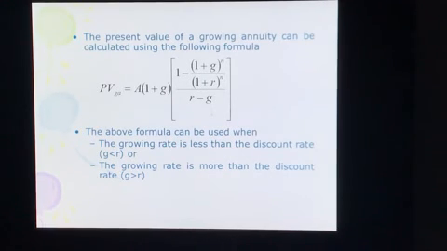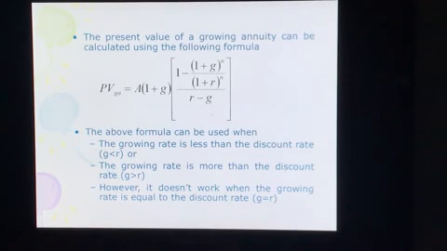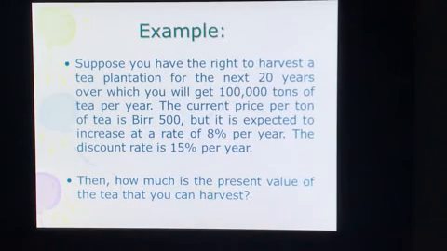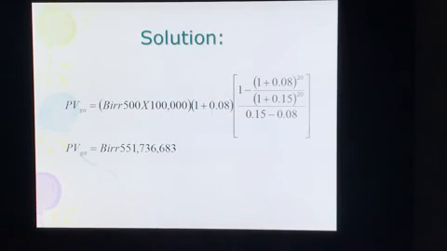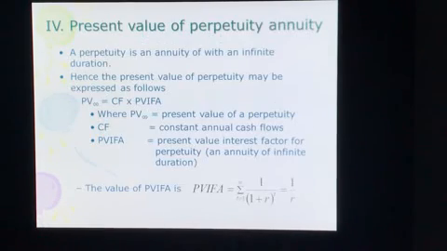The above formula can be used when the growth rate is less than R. If it is greater than R, then we can't use this formula. Here is an example of the present value of a growing annuity. You can easily understand it.